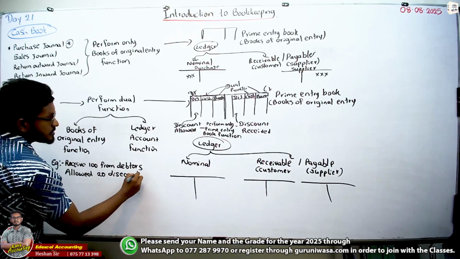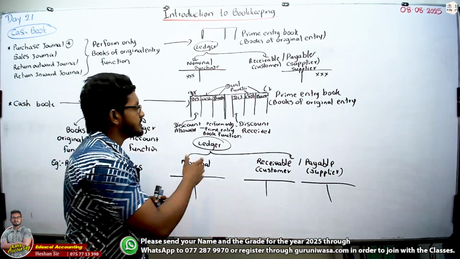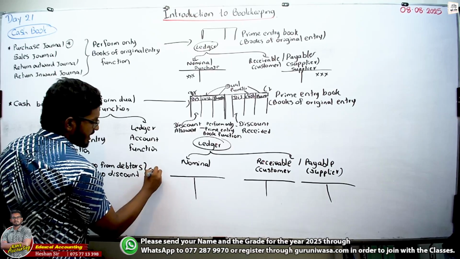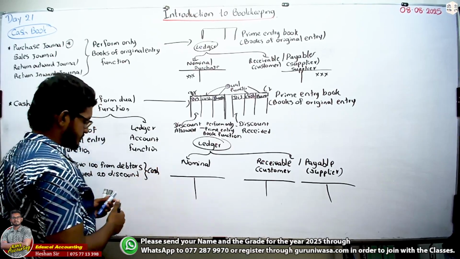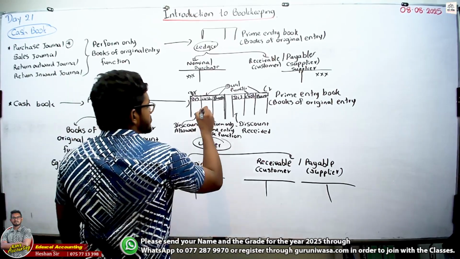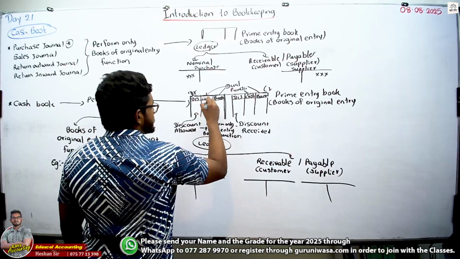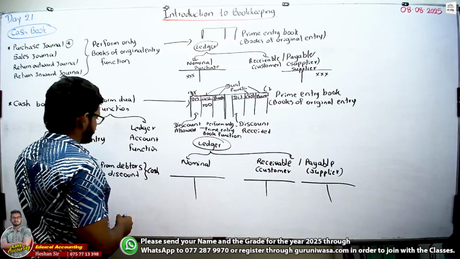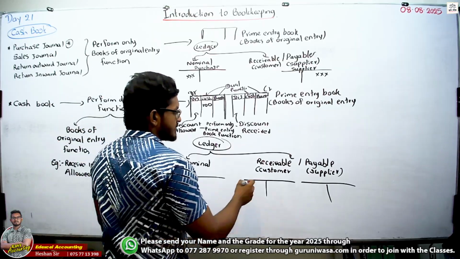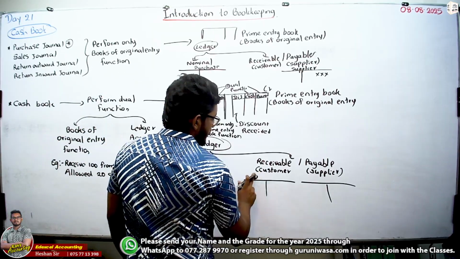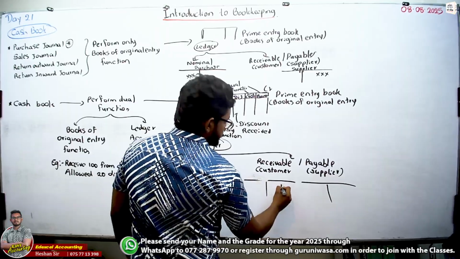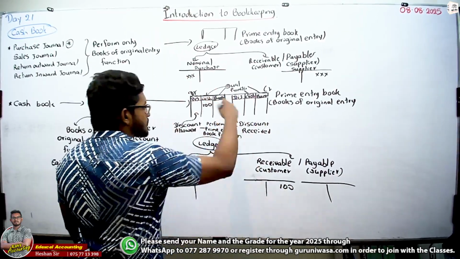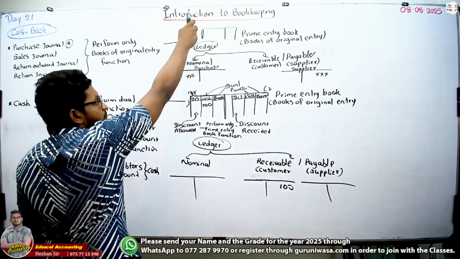Now, I told you, when we receive cash, we debit here, right? And our debtor is a customer, so we credit here. Just remember, cash and bank columns perform a dual function, not like the previous one.